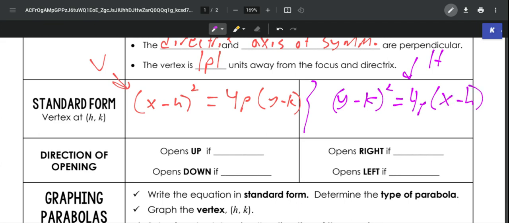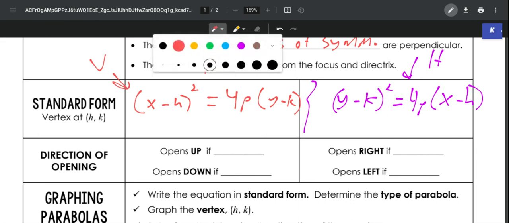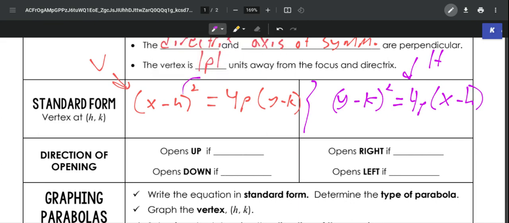And that x minus h and y minus k is still where we get our vertex from, which is kind of like our center. Just notice that the first term on the left side of our equal sign is squared, and the term on the right side is not squared.